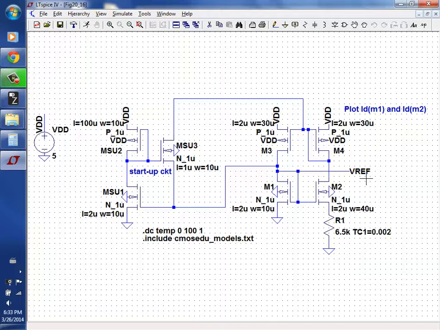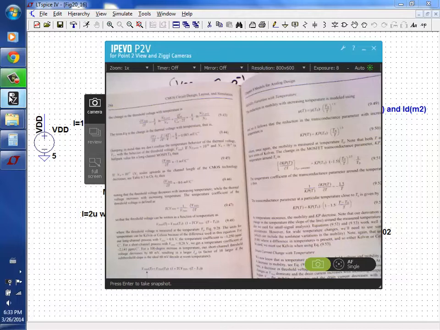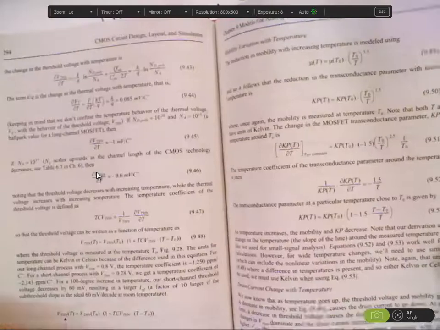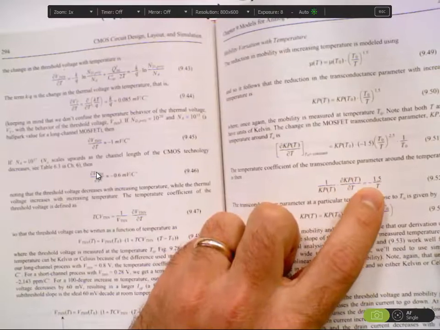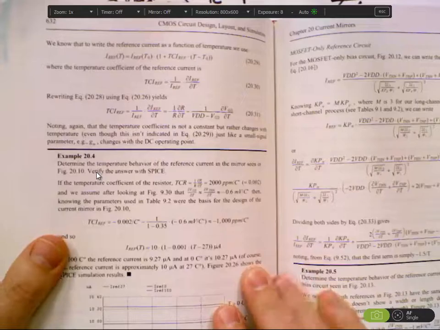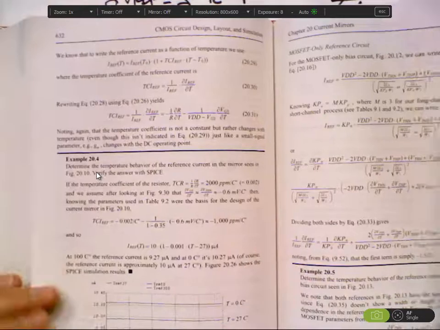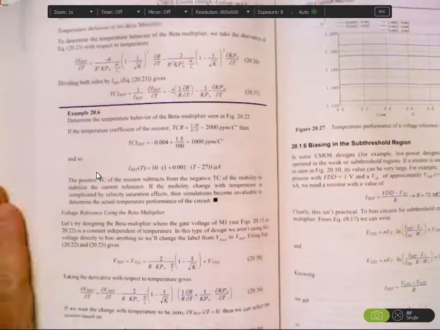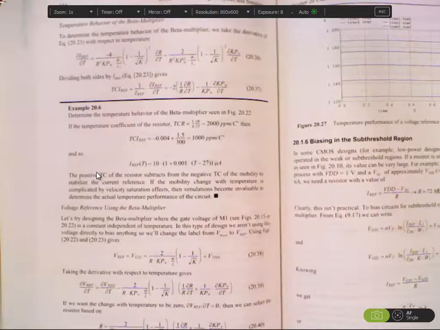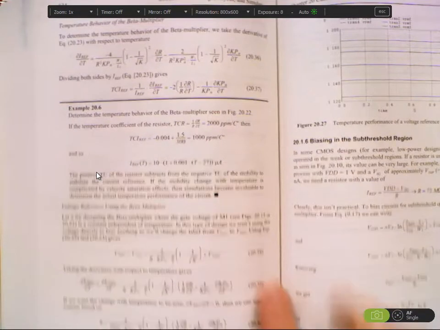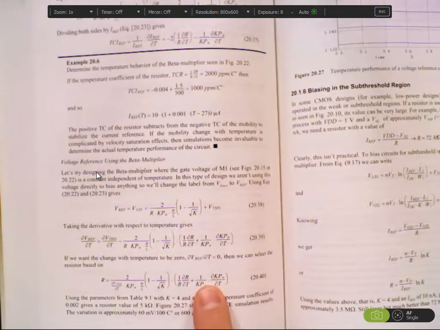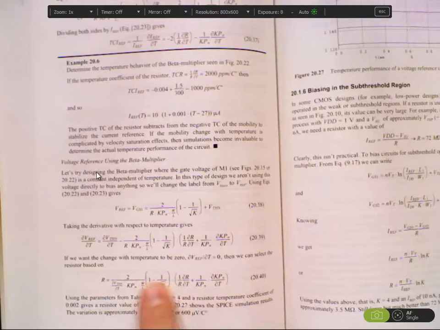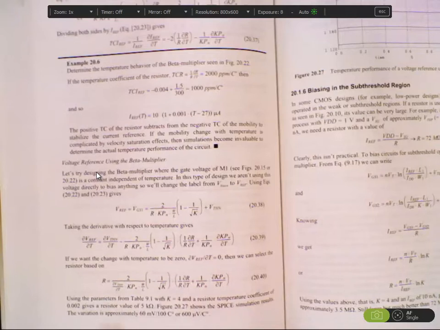And that's minus. Oops, you can't see that, can you? So this is minus 1.5 over t. And so minus 1.5 over t, that's positive 0.002. And this is minus 0.003. These cancel. Oh, wait a sec.